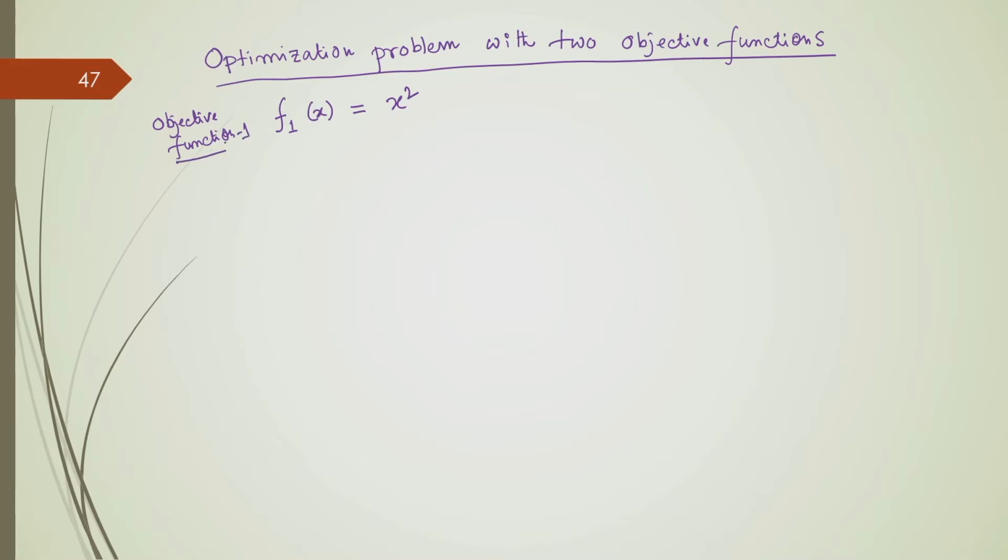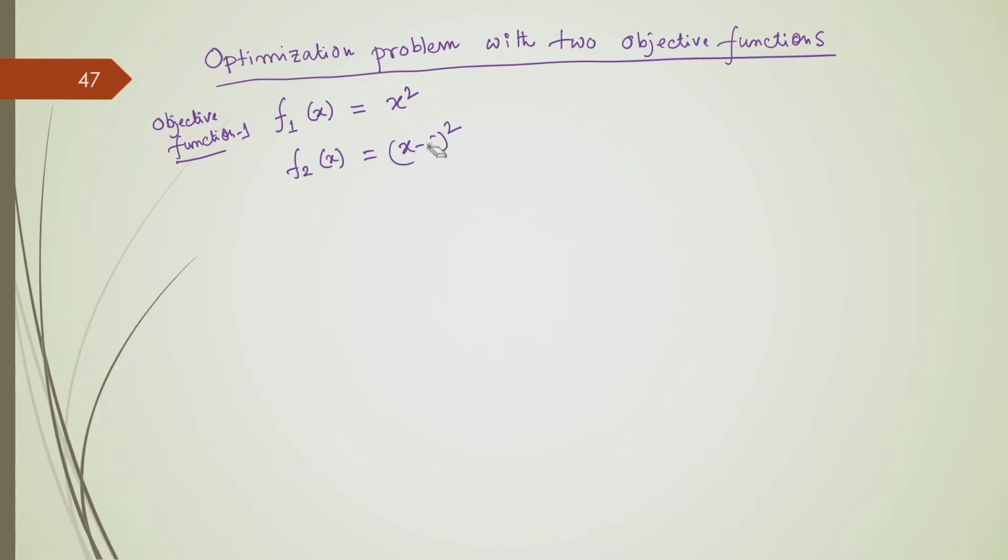And another objective function is f2(x) is equal to (x minus 5) square, let us say, or (x minus 10) square or (x minus 2) square, whatever you can call.